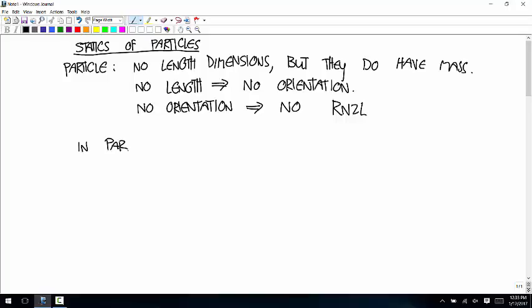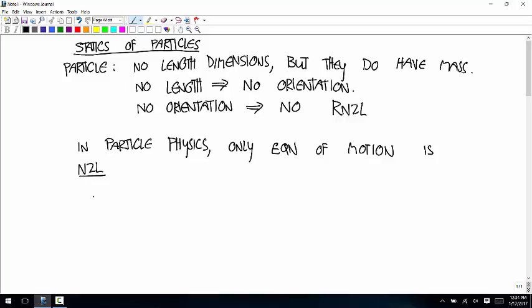In particle physics, then, the only equation of motion is Newton's second law, and that says F net is equal to the mass times the acceleration of the center of mass.